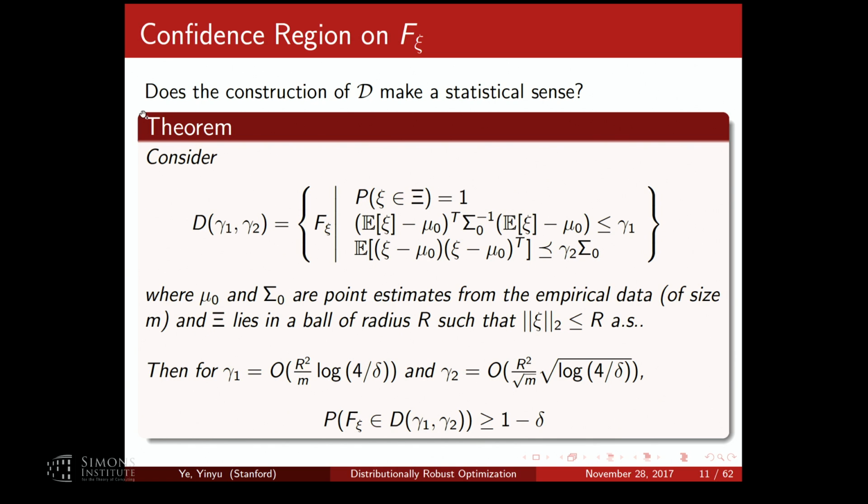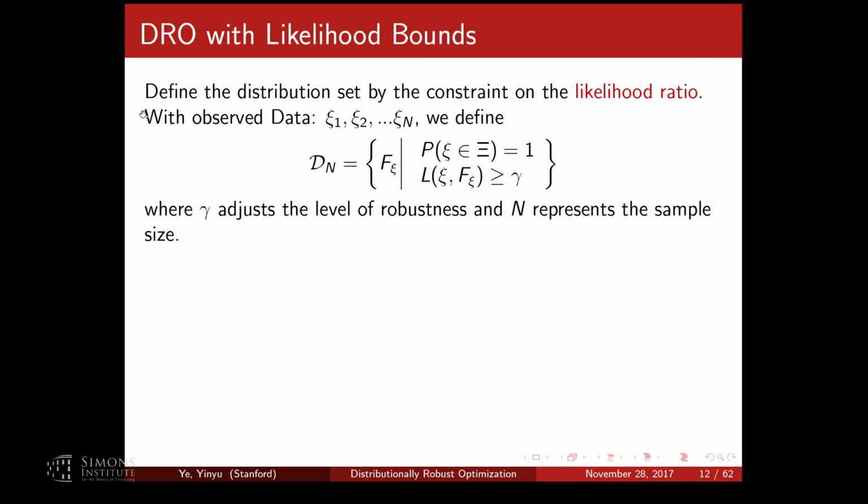Good question, yeah. Of course, there are many ways. Maybe not given by moments, we are just given some observed data. Then we define a probability measure equal to 1, and we construct some likelihood functions, okay? So the likelihood function has to be greater than some adjusted level of confidence.